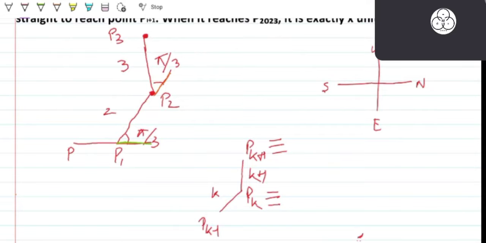Why am I replacing these points with complex numbers? Because I am not solving the problem with coordinate geometry, considering the point Pk as xk, yk, since there we will get two variables. When we solve a problem using complex numbers we get only one variable, that's r naught into e to the power iota theta.